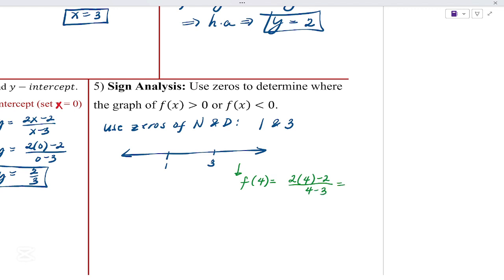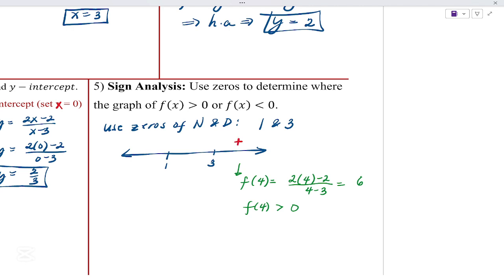It gives us 6 over 1, because it's 8 minus 2 divided by 1, so 6. So the sign of f of 4 is greater than 0 because it's positive. So here we need to put a positive.